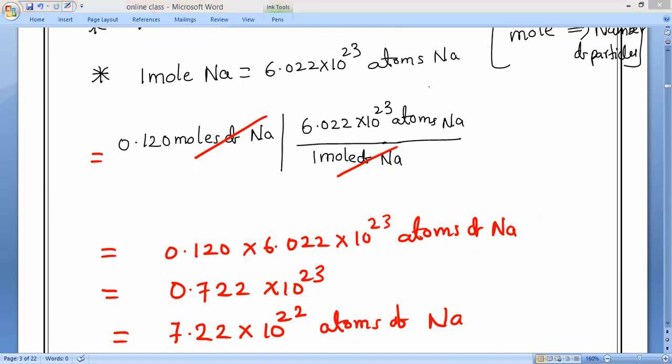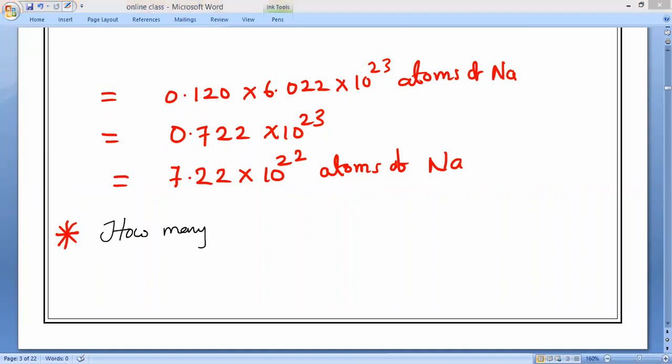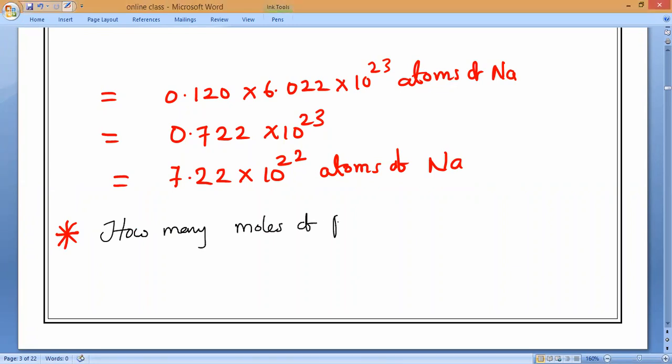How many moles of potassium are in 1.25 into 10 power 21 atoms of K? This question you have to write in 3 steps. You have to tell me first. Potassium means what is the symbol?